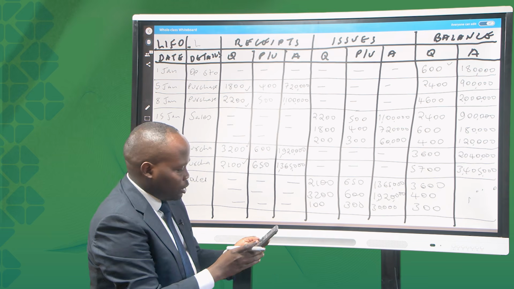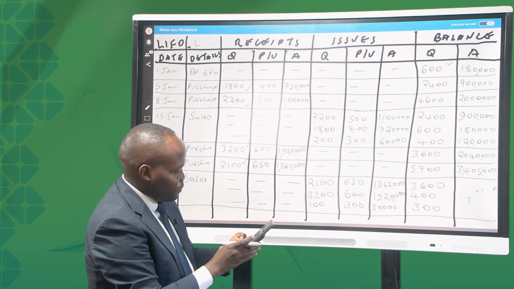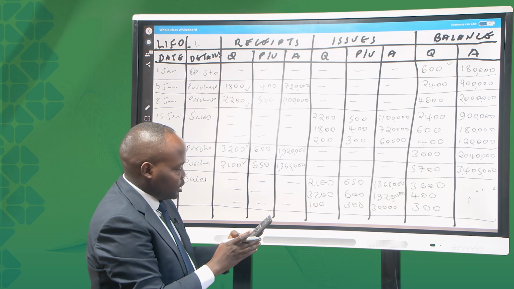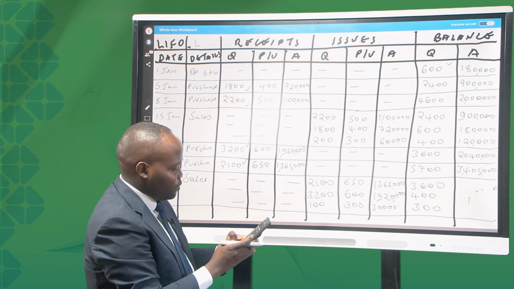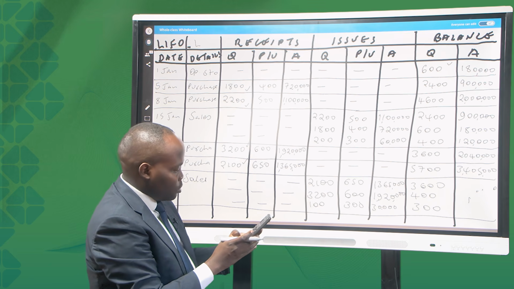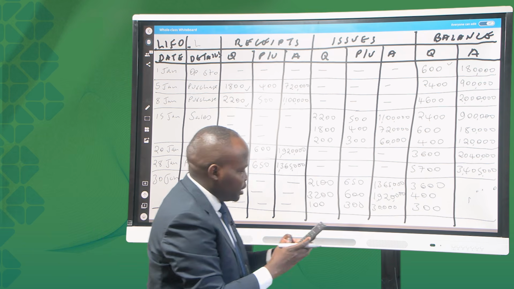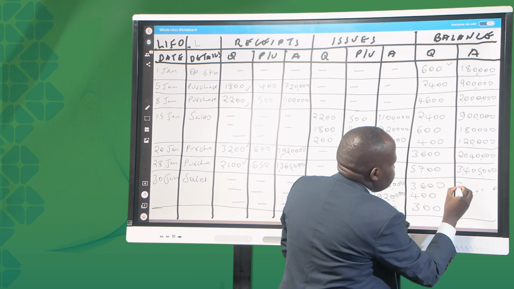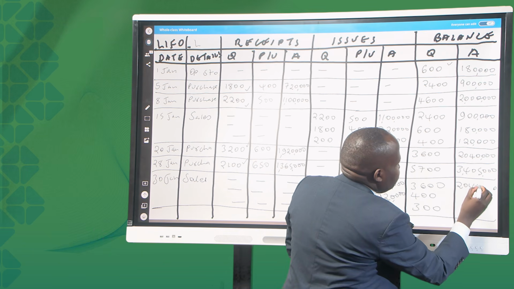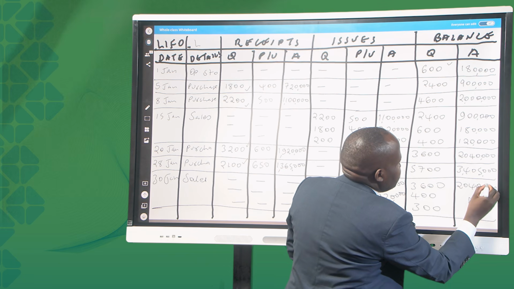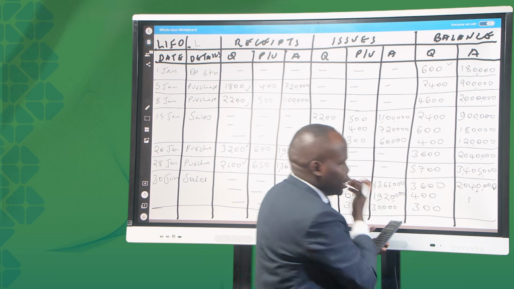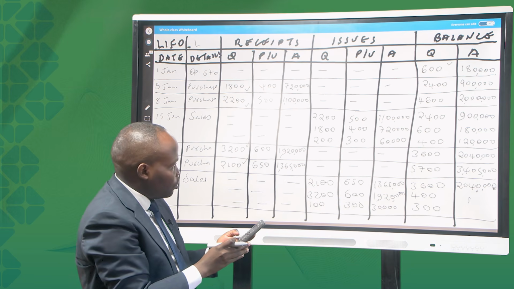Let's redo it. 3,405 minus 1,365 gives us 2,040,000. Okay, that's now fine.